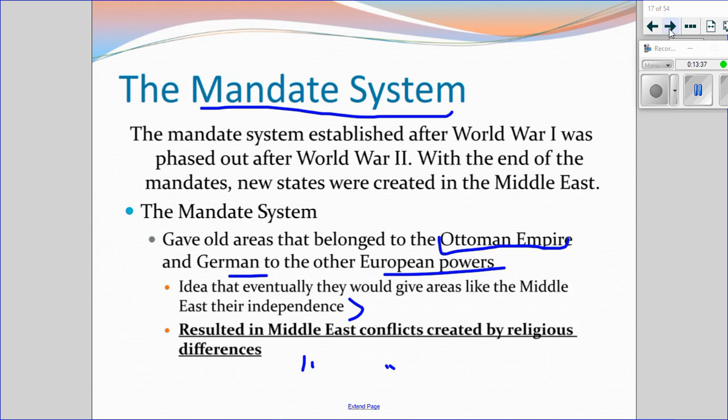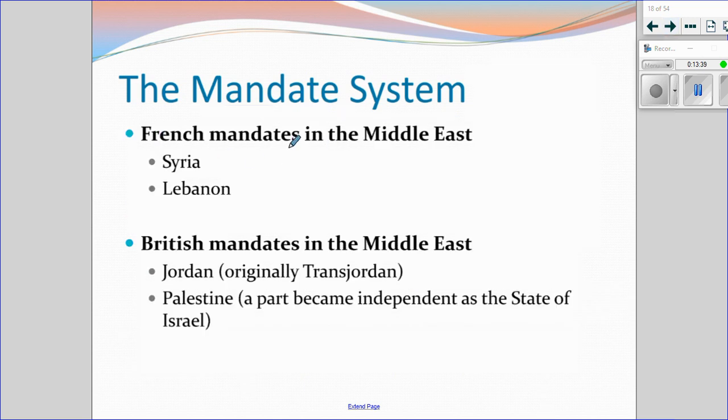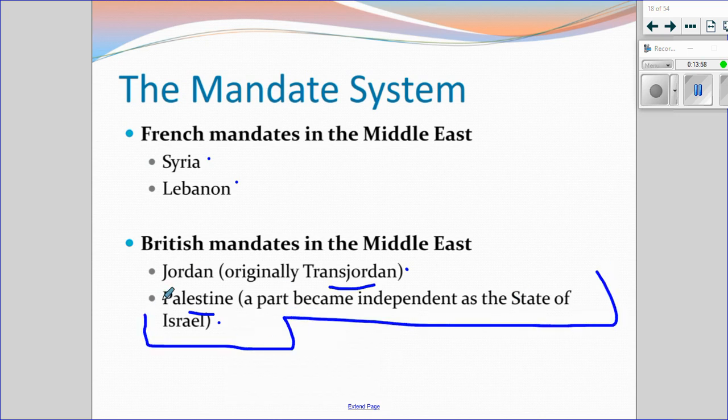It was an excuse. All right, so French mandates in the Middle East were Syria and Lebanon. All right, and they're going to get their independence. British mandates in the Middle East were Jordan, which was originally Transjordan, and Palestine, which will become part of the independent state of Israel. And there's still conflict in that part of the world over Palestine, and calls for an independent Palestine separate from the state of Israel.